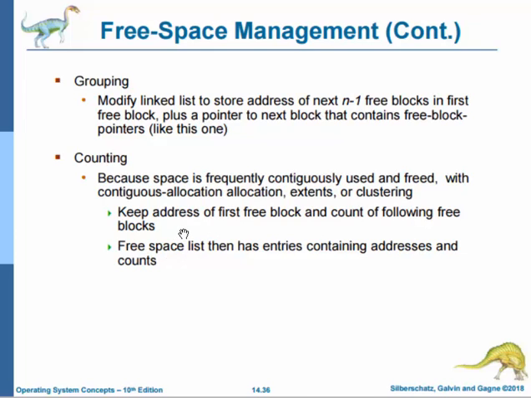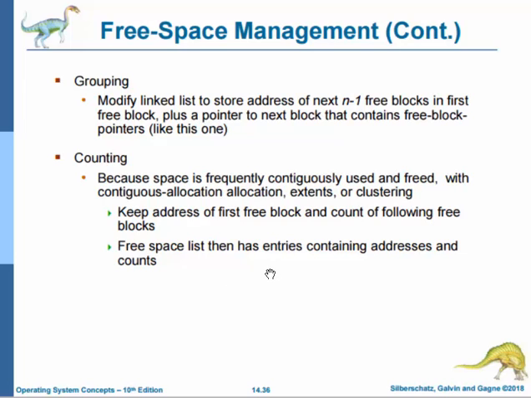Thus, rather than keeping a list of n free block addresses, we can keep the address of the first free block and the number n of free contiguous blocks that follow the first block. Each entry in the free space list will contain a device address and a count.